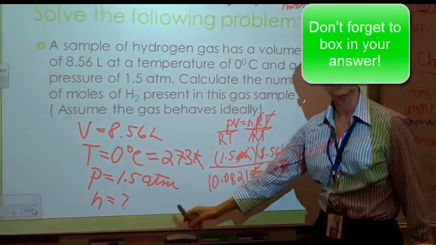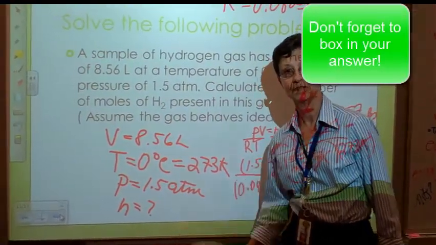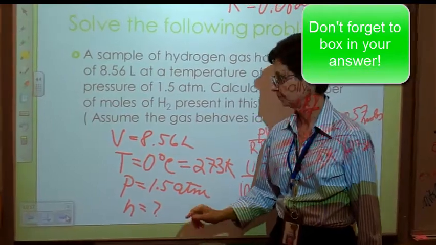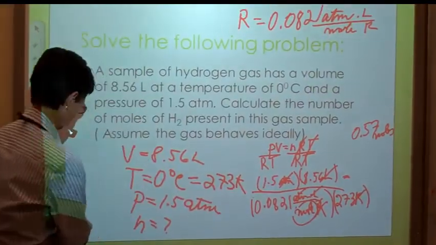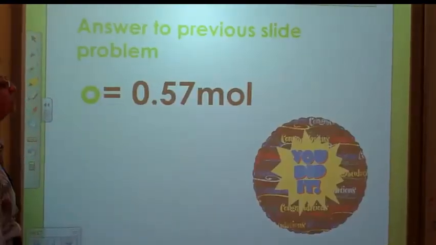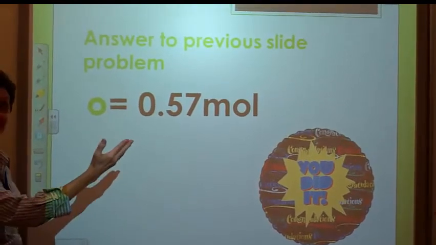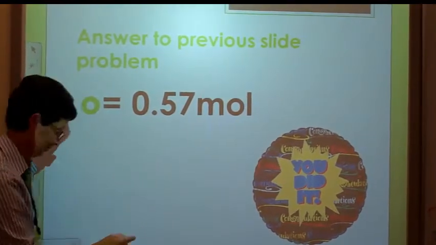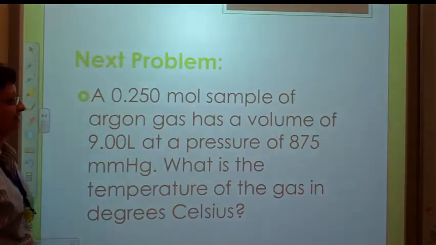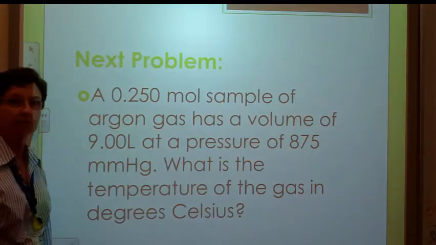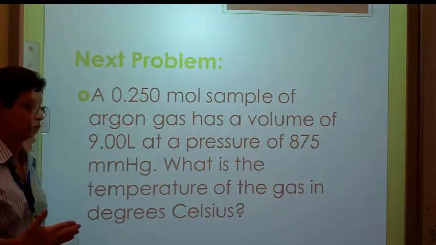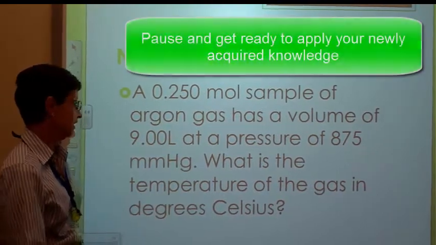I'm going to give you one problem for you to solve, and I will give you the answer. There it is. We're right. All right, so here's the next problem. Take a moment. Be sure to rewrite all of your variables.